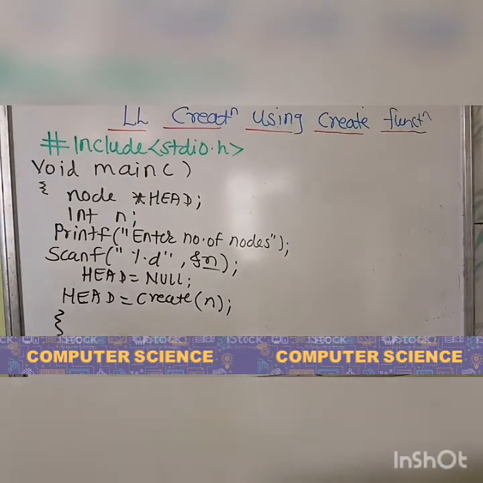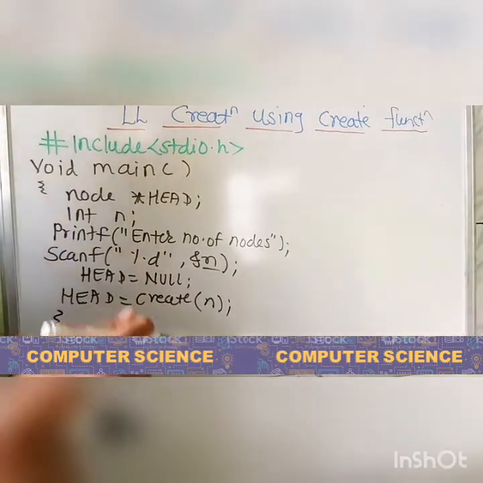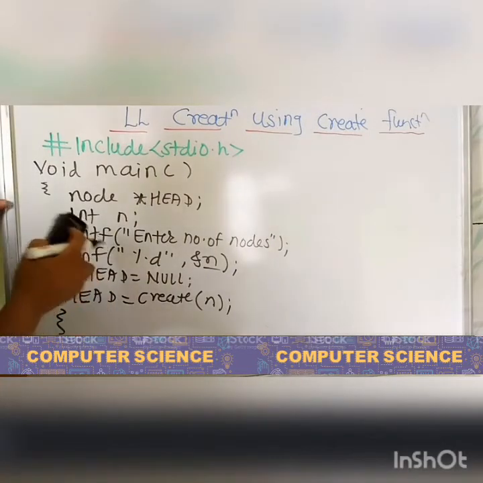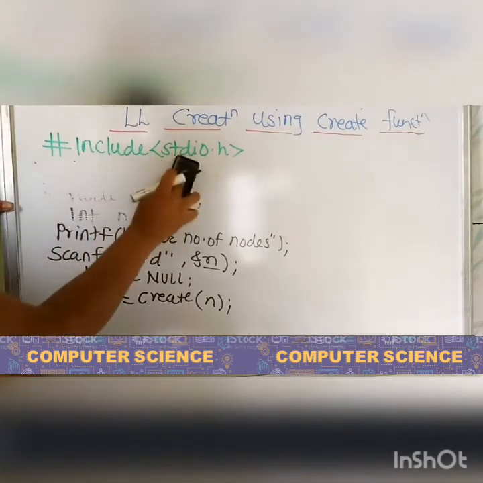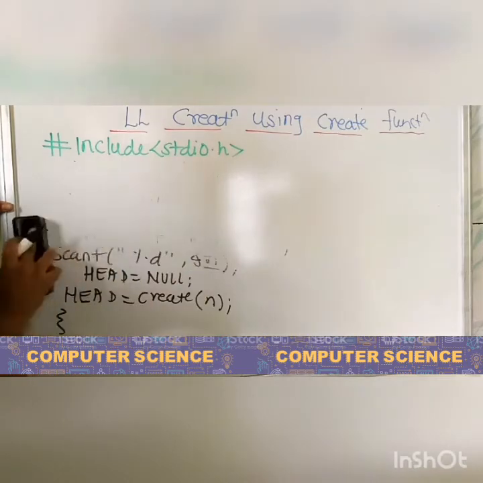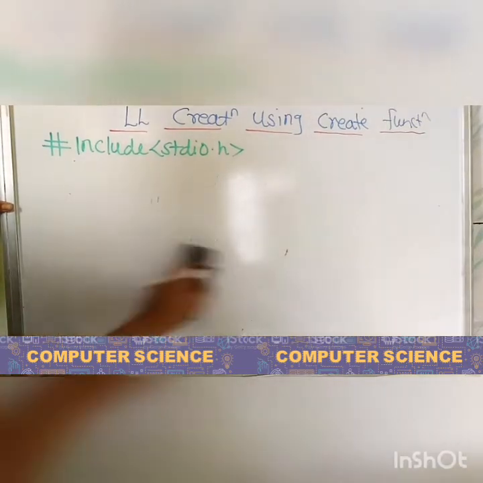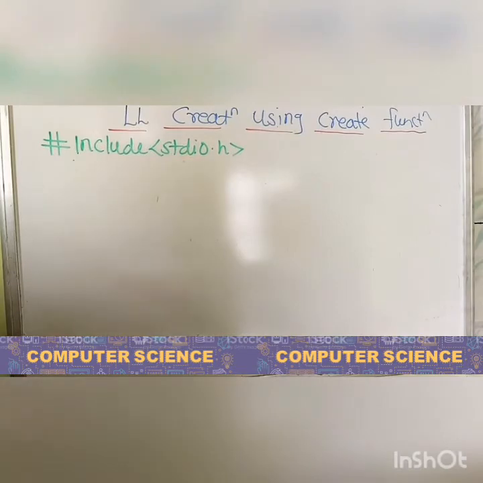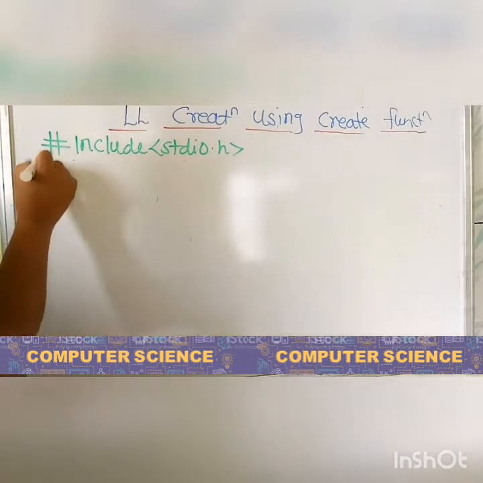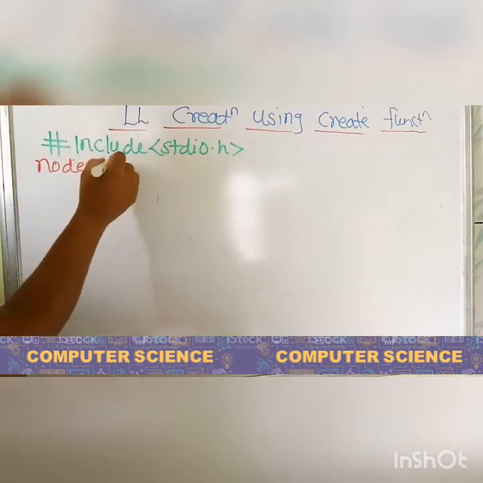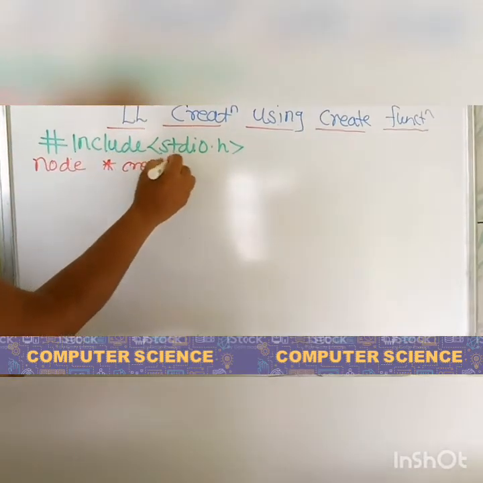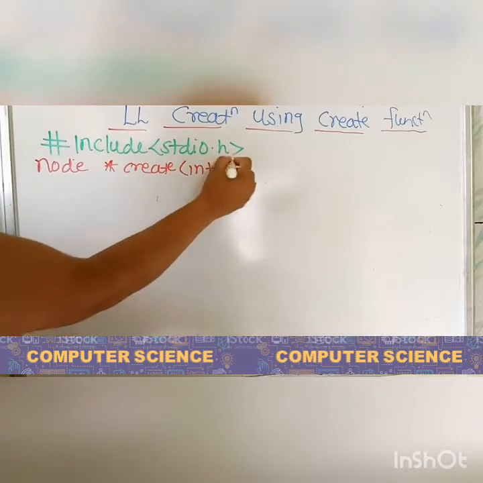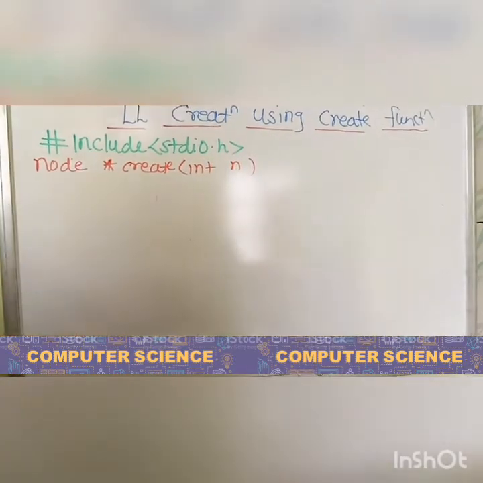Now we will switch to the actual part of our program, that is how to create a function for the linked list creation. For that we will take the same prototype like node *create and in bracket integer n, we can take it as the parameter name.